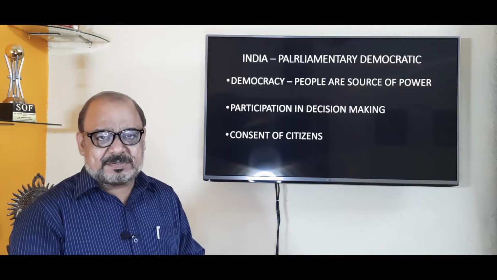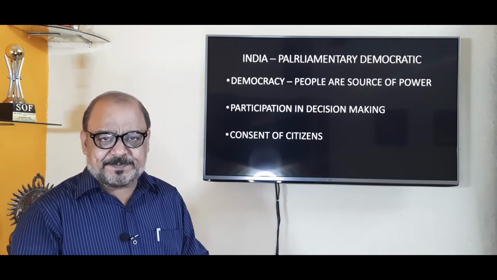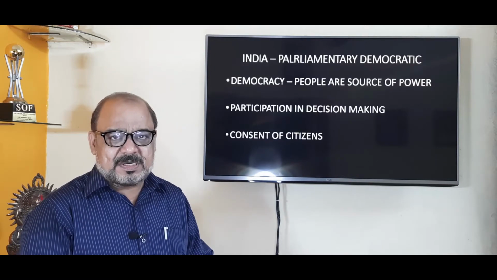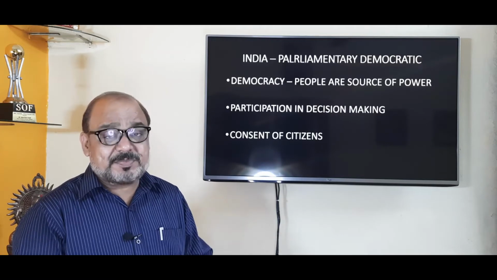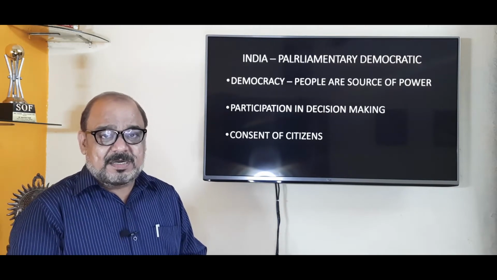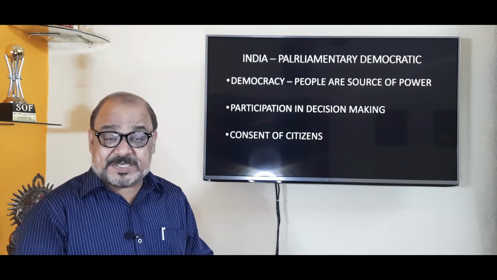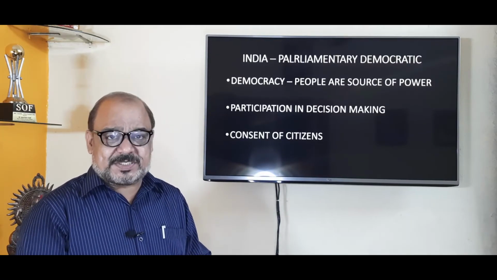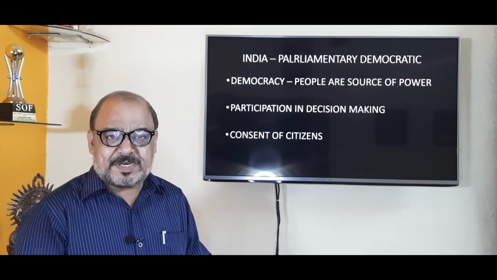On the other hand, in the parliamentary form of indirect democracy, the head of the state is one person and the head of the government of the state is another person. For example, India. In India, the head of the state, that is India, is the President of India. And the head of the government of the state, that is India, is the Prime Minister of India.